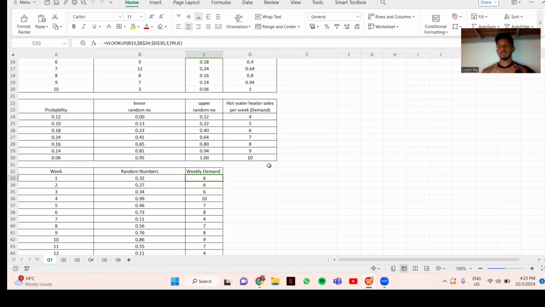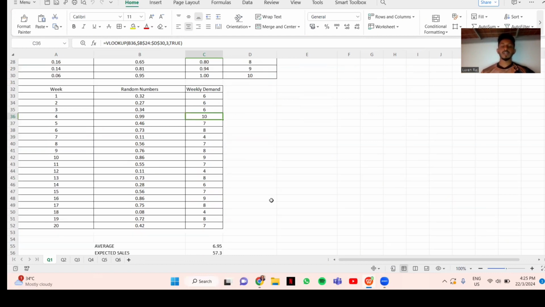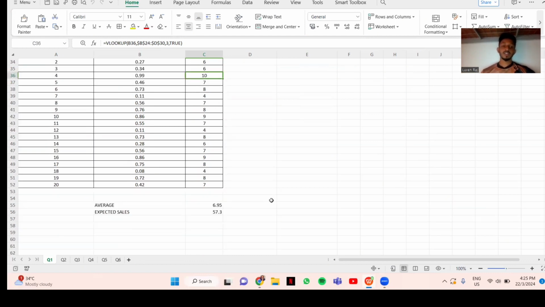I used the formula equal VLOOKUP, bracket B33 and B24, and so on. I used VLOOKUP to put in the weekly demand. In the end, I did the average using the formula equal AVERAGE, bracket C33 and C52.